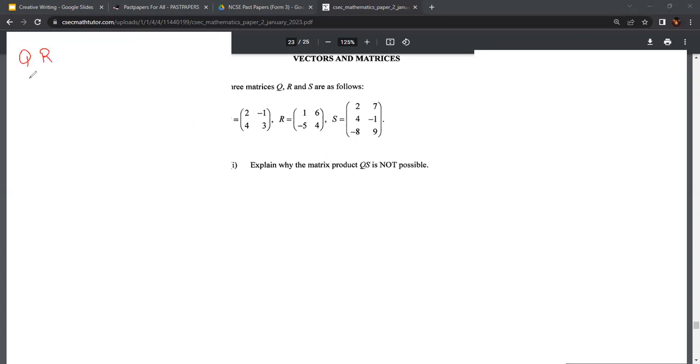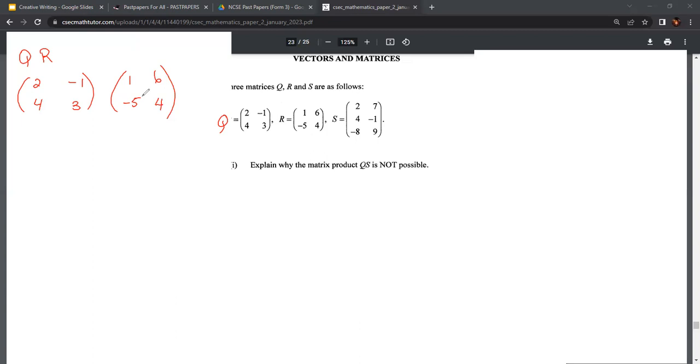So Q will be 2, 4, so this is Q here. So 2, 4, negative 1, 3. R would be 1, 6, negative 5, 4. So we want to multiply these two. Again, remember each row by each column.